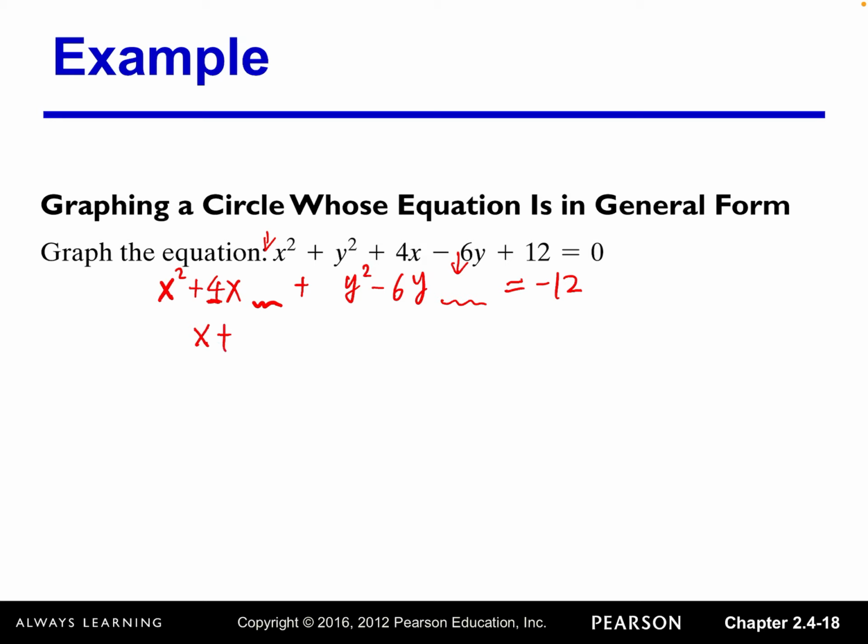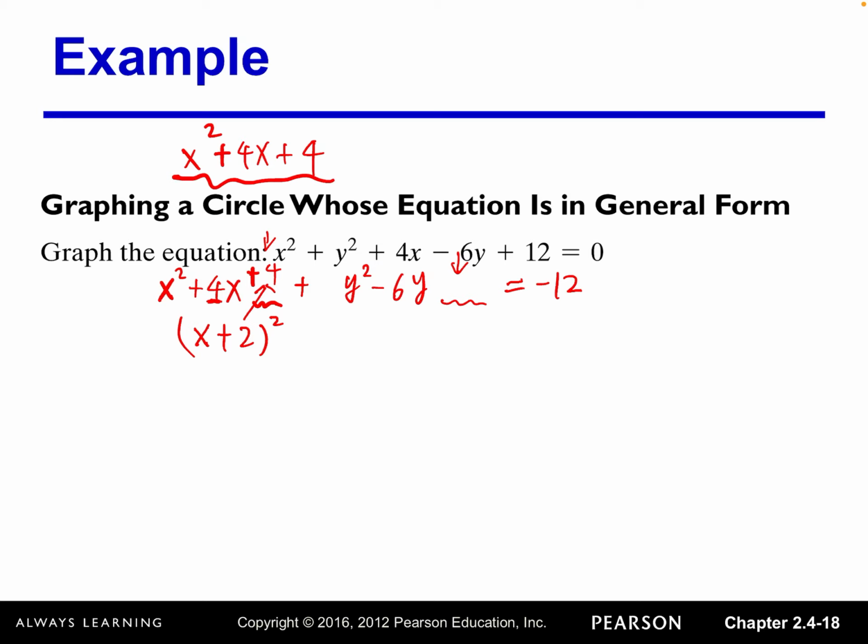So the perfect square is x plus 2. If you expand, that's x squared plus 4x plus 4. In other words, 2 squared needs to go here. We need to add a 4 on the left hand side of the equation to make this trinomial, so that we can write it as x plus 2 whole thing squared.